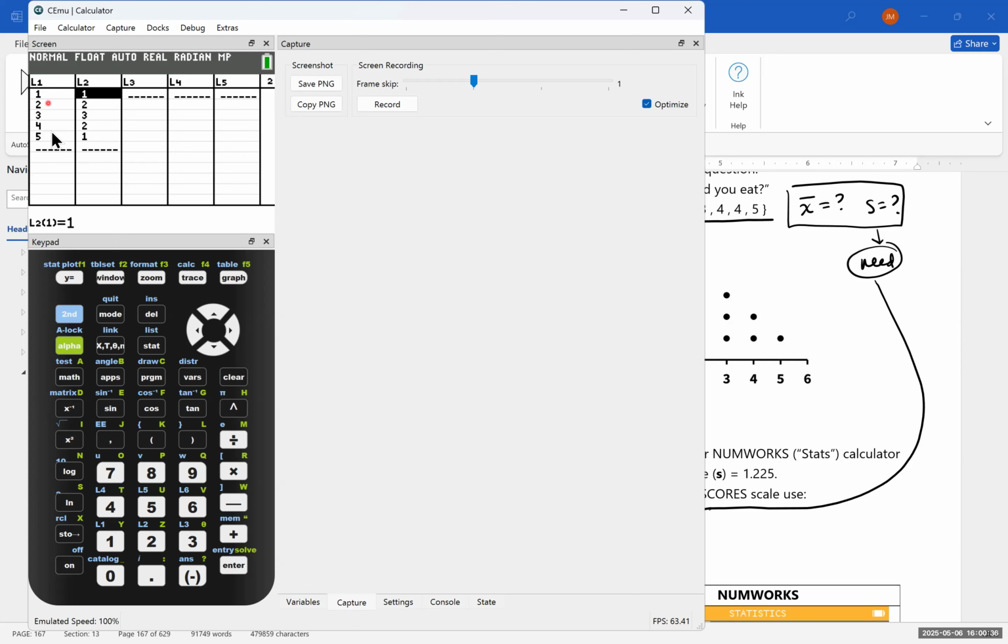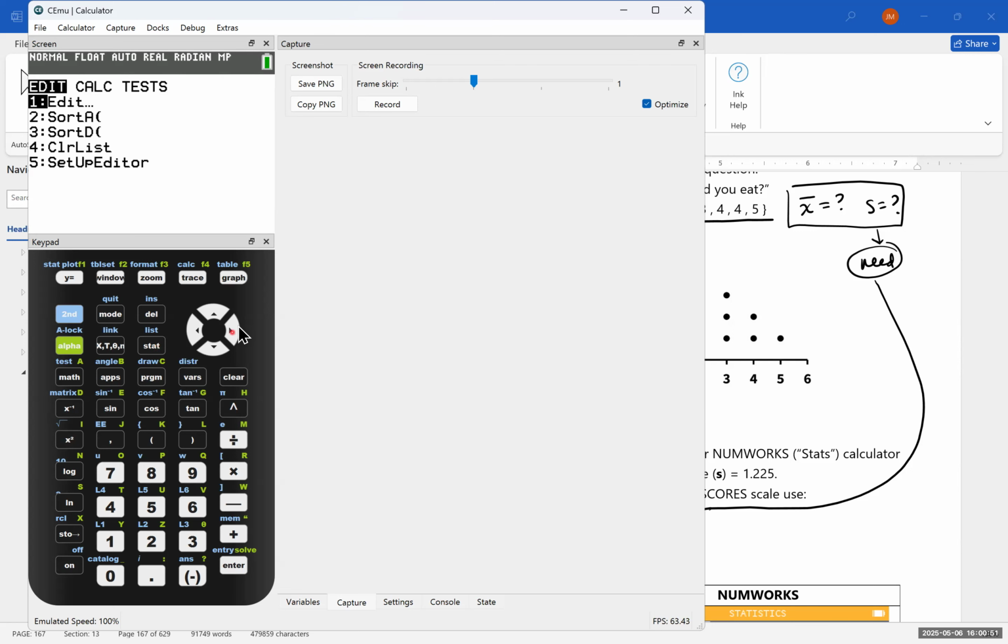So we need to use one-variable stats in order to get x bar and s, the sample mean and the sample standard deviation. So once you've entered this in, hit the Stat button, go to the Calc menu, and we want the 1-Var Stats option.